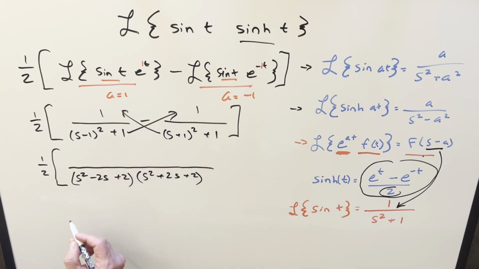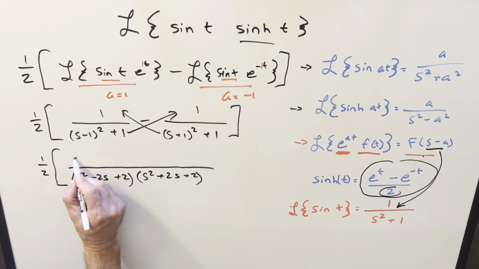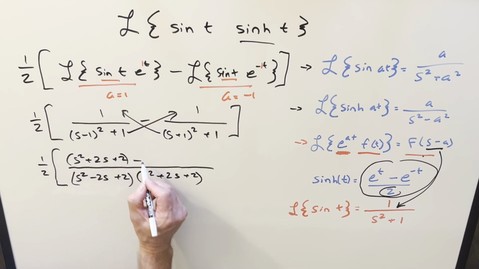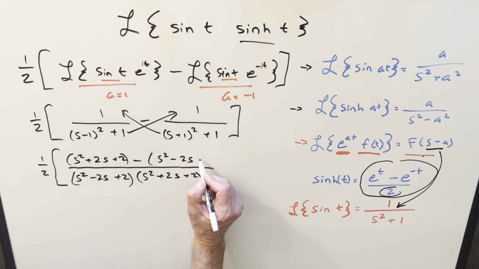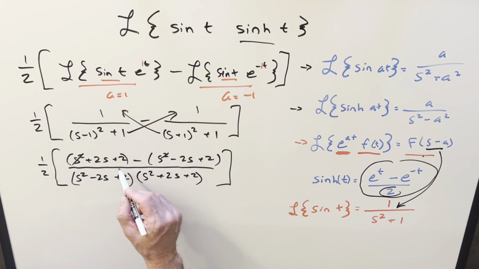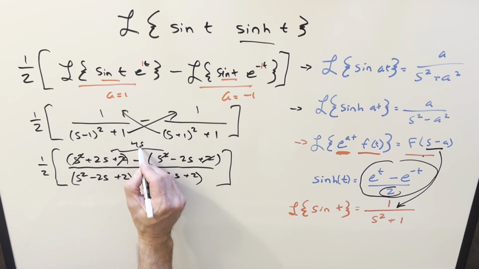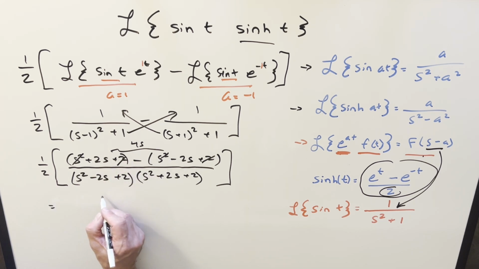We'll have s squared plus 2s plus 2, and the other one with a minus, s squared minus 2s plus 2. The 2's cancel with the 1/2, and the numerator becomes 4s. Multiplying the 1/2 times 4s, we have 2s in the numerator.